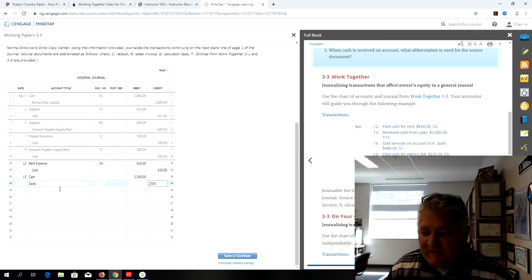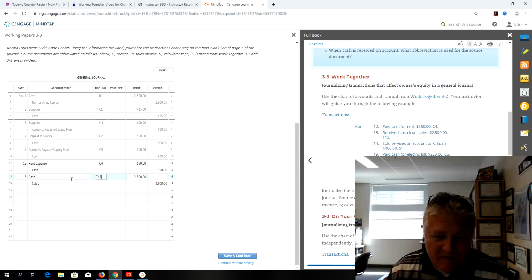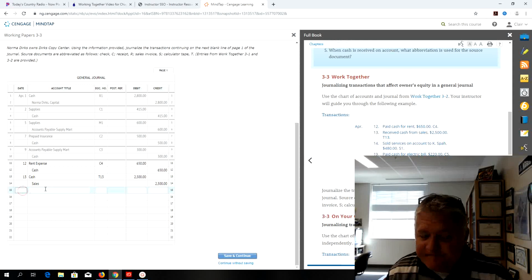That's an increase to cash, which is an asset account, and an increase to sales, which is an owner's equity account. And in this case, my document is T13, which is the calculator tape or the cash register tape and the date on there.